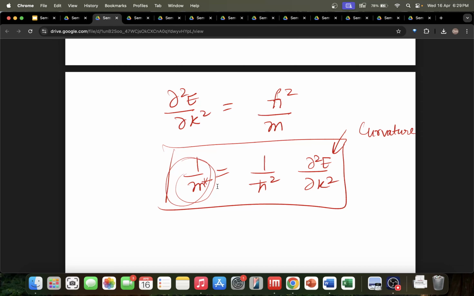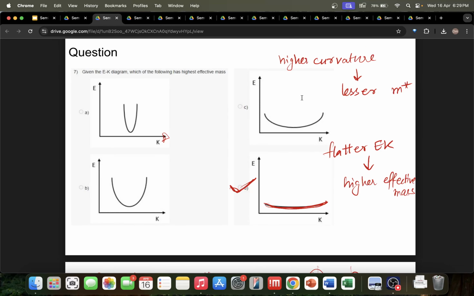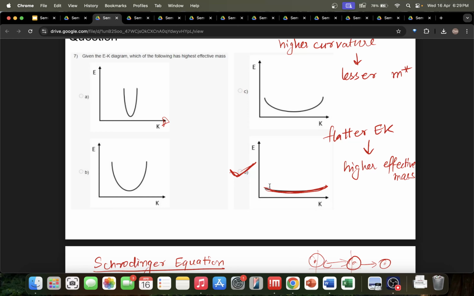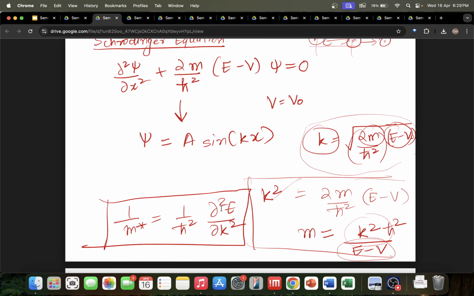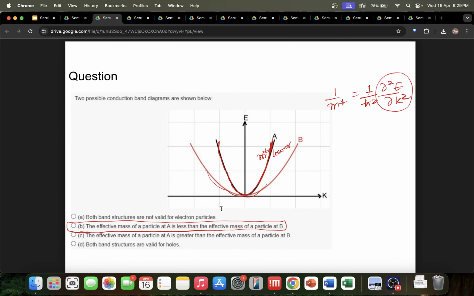It is inversely proportional to the effective mass. That means higher curvature has lesser effective mass, and a flatter E-k diagram has a higher effective mass. So this is a very important concept.